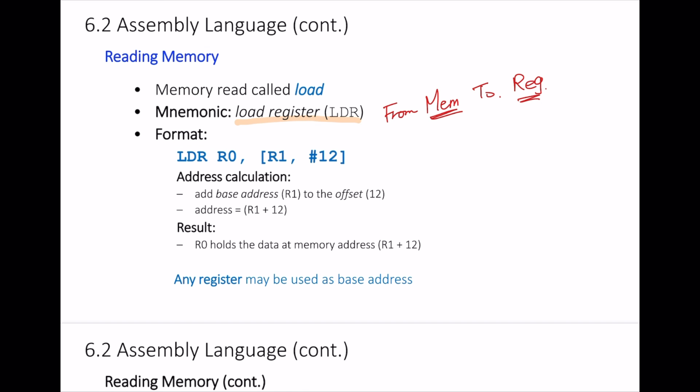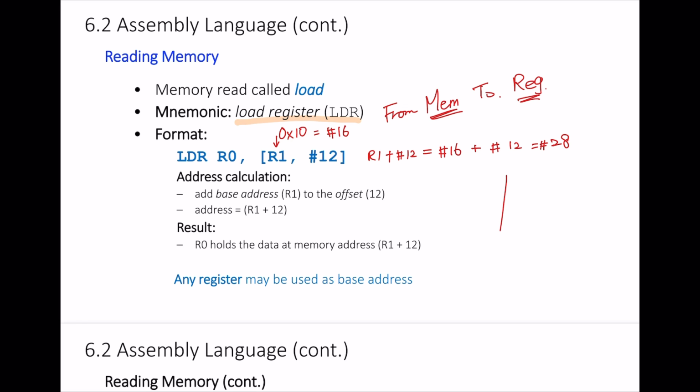Back to LDR. When we have LDR R0, R1, comma, number 12, this is the decimal number 12. So we need to read the content of R1. R1, we are just making up, is 16. R1 plus number 12, that is 16 plus 12, which is number 28.